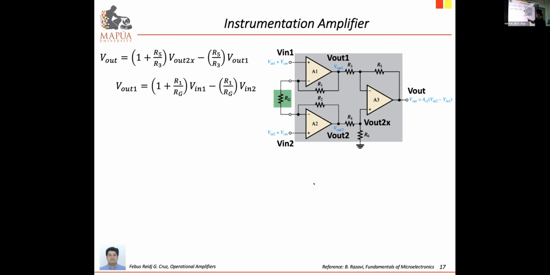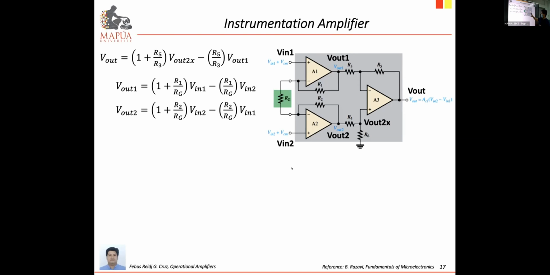For amplifier 2, V out 2 equals 1 plus R2 over RG multiplied by the voltage at positive, so that will be V in 2, minus R2 feedback over input RG multiplied by the input at negative, so that would be V in 1. Right?